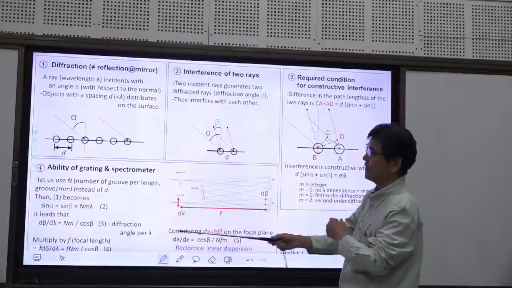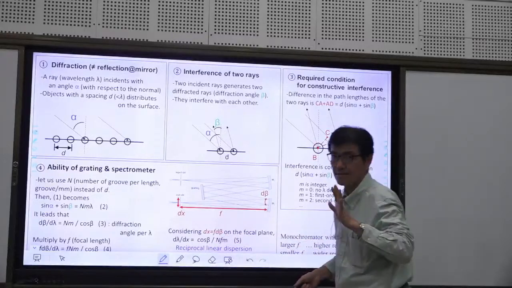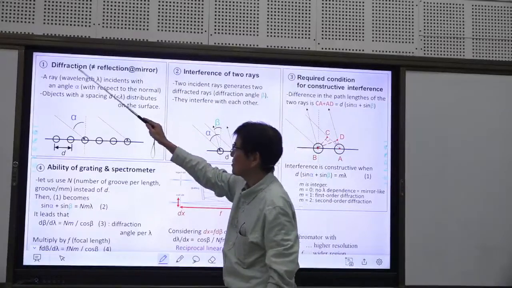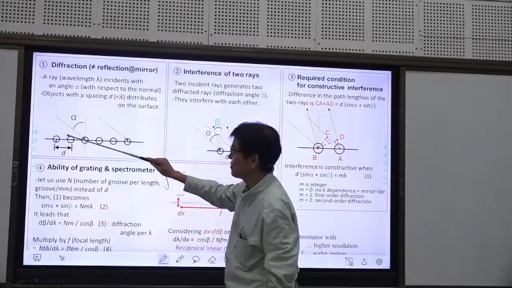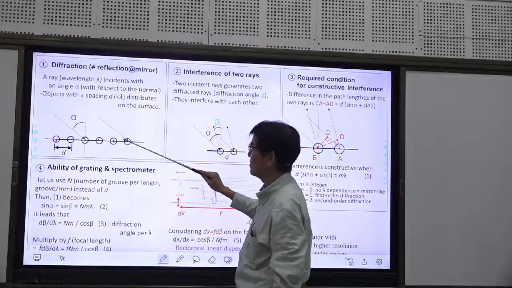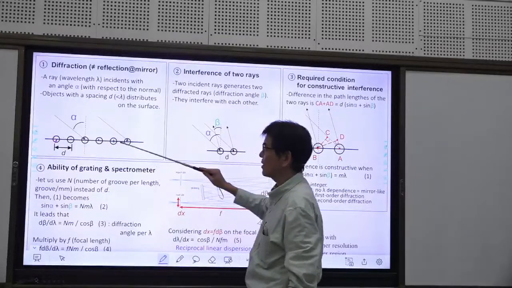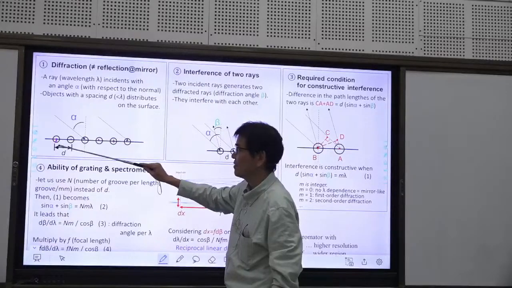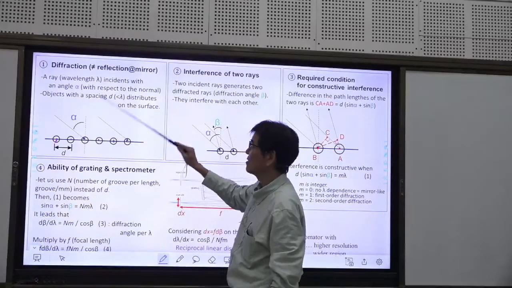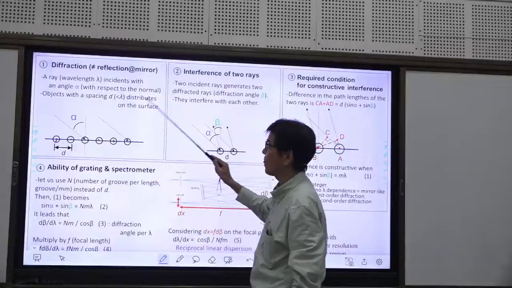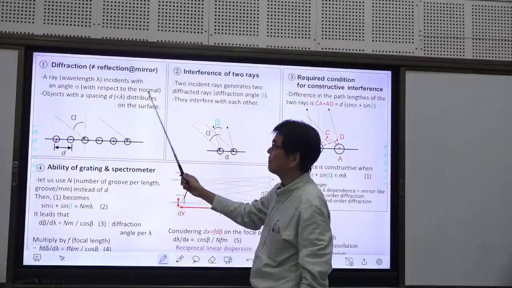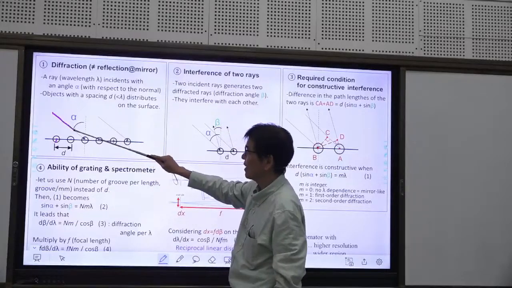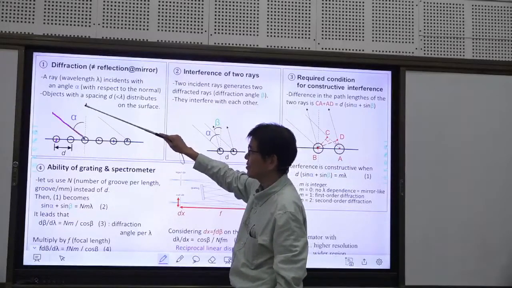Okay, it may be better to check this document again. Diffraction occurs when the small dots are allocated with a distance d less than the wavelength lambda. Then light comes in with an angle alpha with respect to the normal.